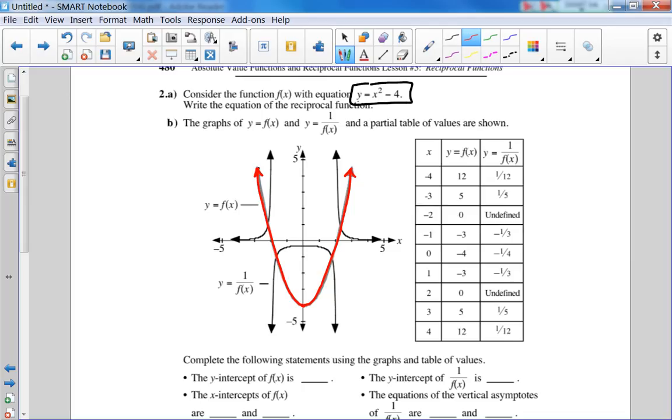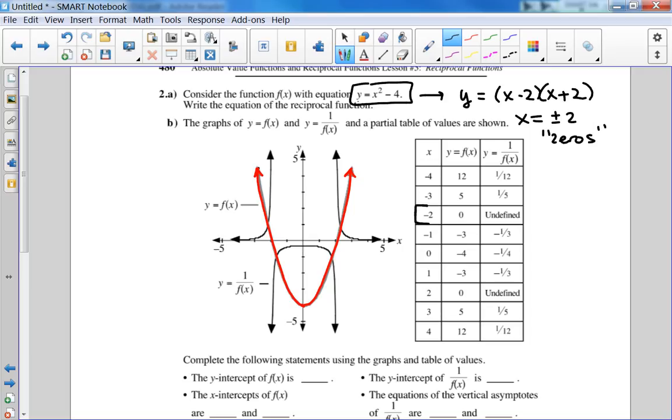Okay, so first of all, can we just factor this to make it look normal that we're used to? So right away, after it's factored, what can you tell right away? What are the zeros? Okay, so we know that x is plus or minus 2 for the zeros. Can we find those on the chart?